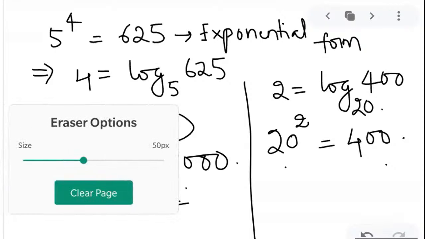Like the various properties of numbers that we saw for exponential form, we have some for logarithmic form also. The first one is, there are some ground rules. Whenever I'm just writing log 15 and not specifying anything, that means it is to the base of 10. The standard base is 10.